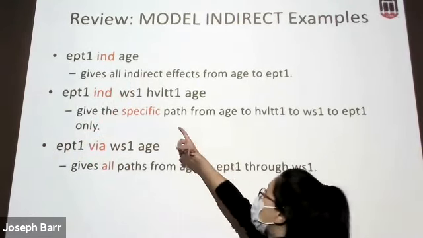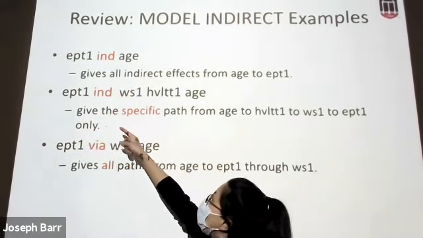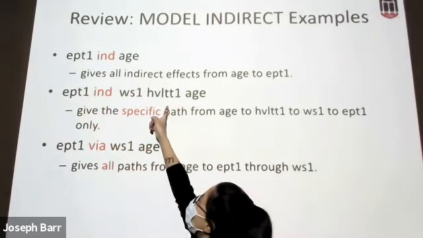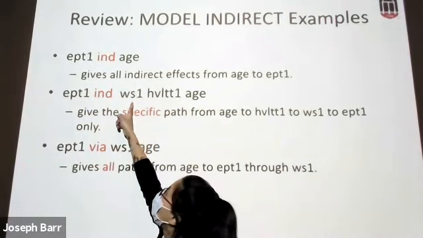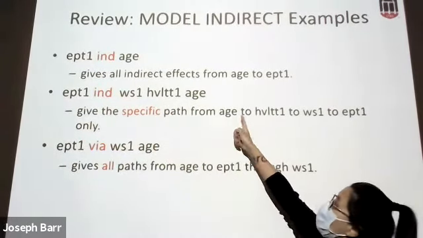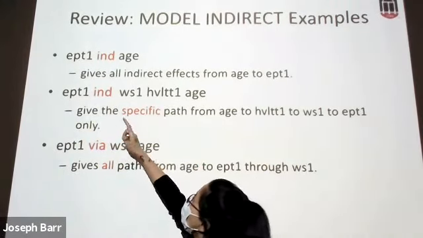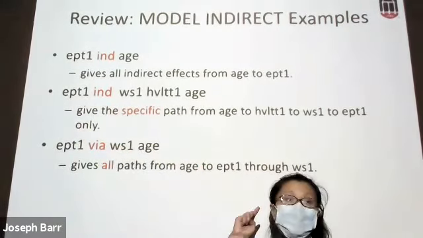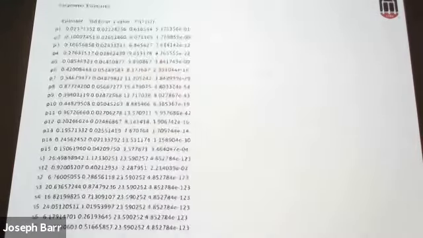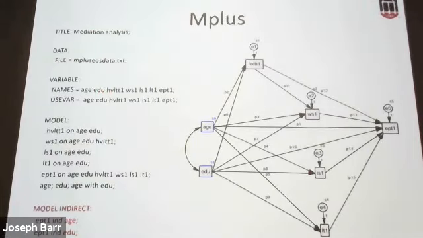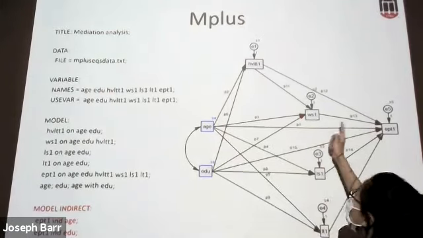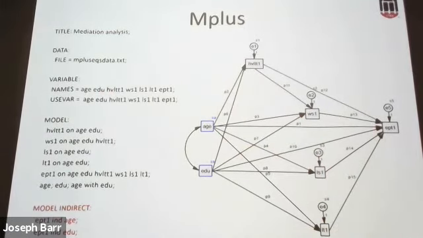But if we have specific paths, for example, EPT is the dependent variable, IND indirect effect from H to HVLTT to WS1 to EPT, that's a specific path we just investigated before, from here to here to here to here. That is a specific indirect effect.